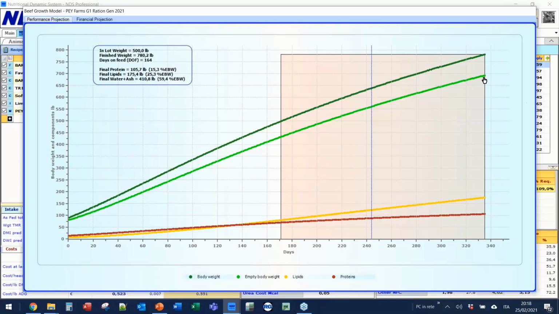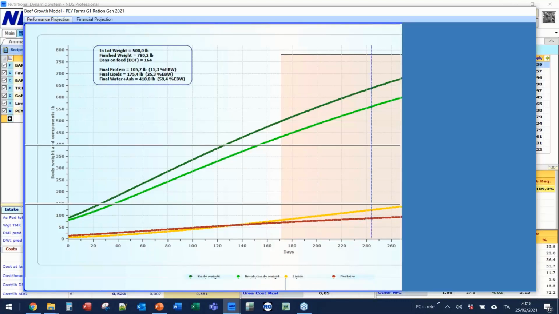Full body weight, empty body weight, the light green curve, and the body composition in terms of lipids and in terms of protein. These are pounds, not percentage. This is not the concentration, but the pounds of each item we expect.